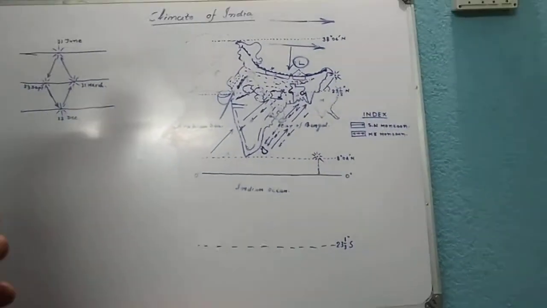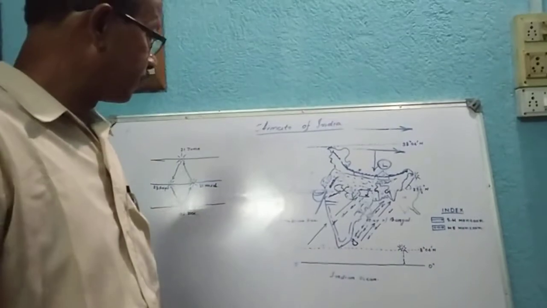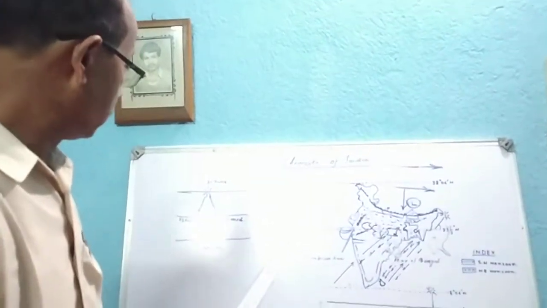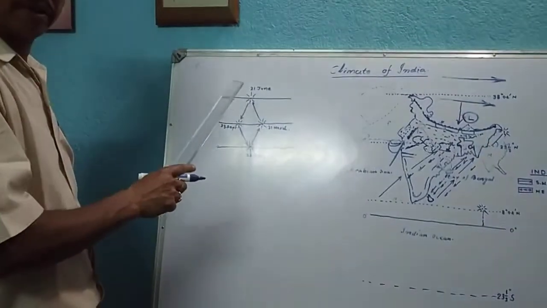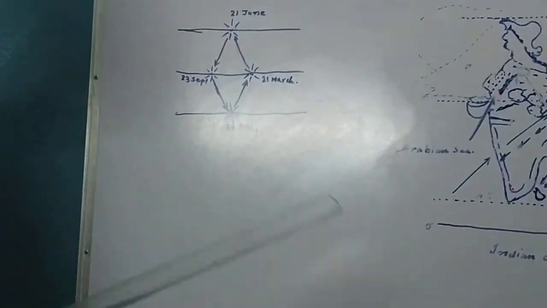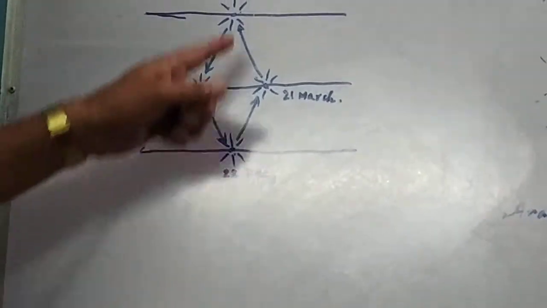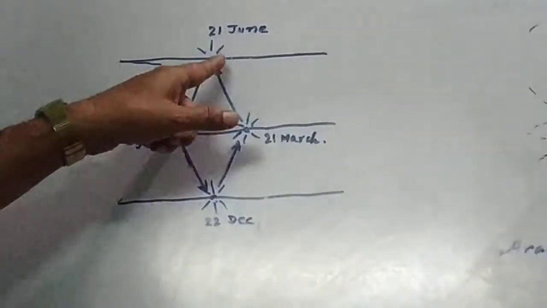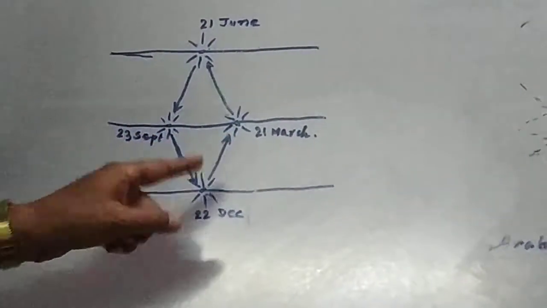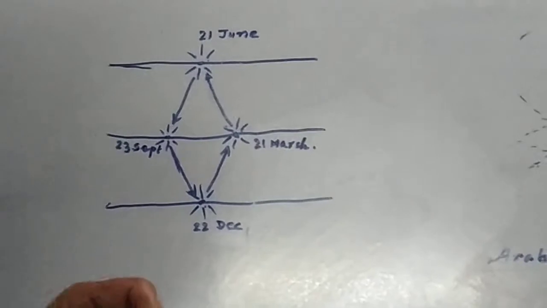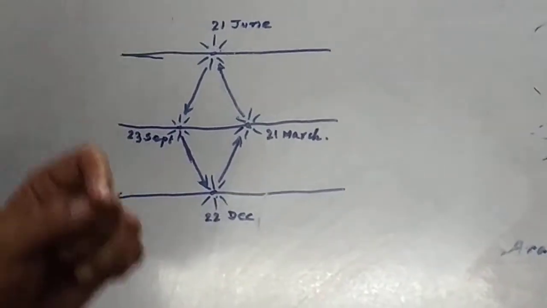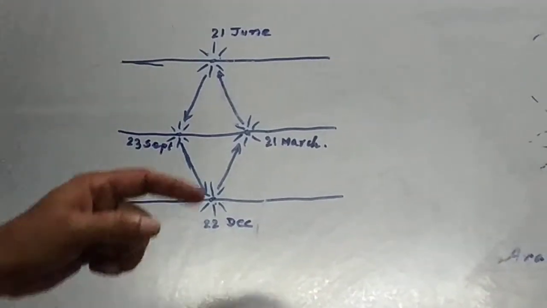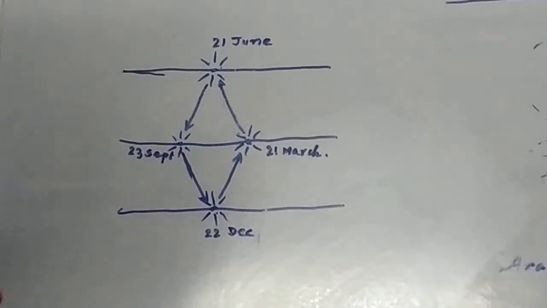I already mentioned in the last class the apparent movement of the sun. The sun seems to be moving towards north, but actually it doesn't move. So, why do we feel so?